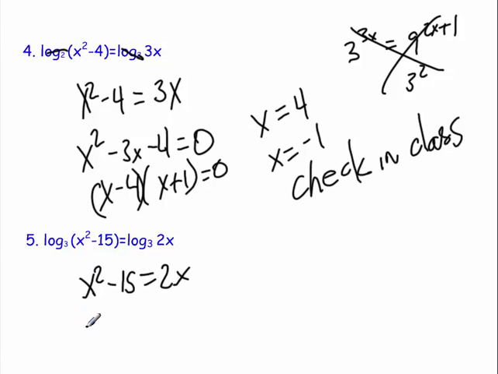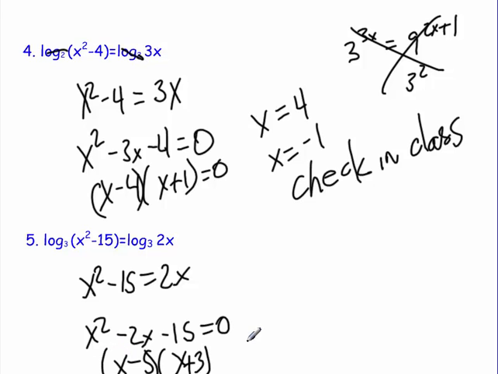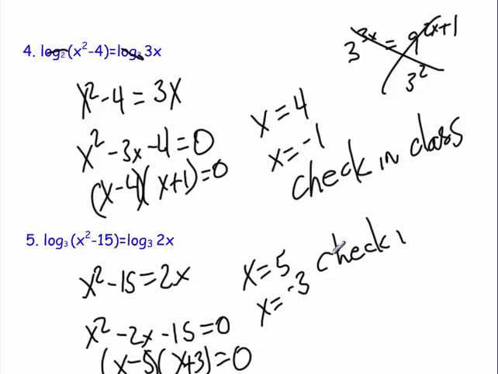Subtract that, I get x squared minus 2x minus 15 equals 0. And again, what are my factors? I'm left with x minus 5, x plus 3. I have two answers, so I know I'm going to have to check them. I know we're not doing it right now; I just want to get that in your head. My two answers are x equals 5 and x equals negative 3, and check in class.